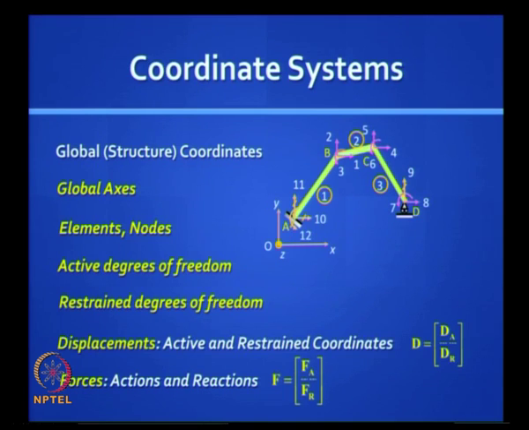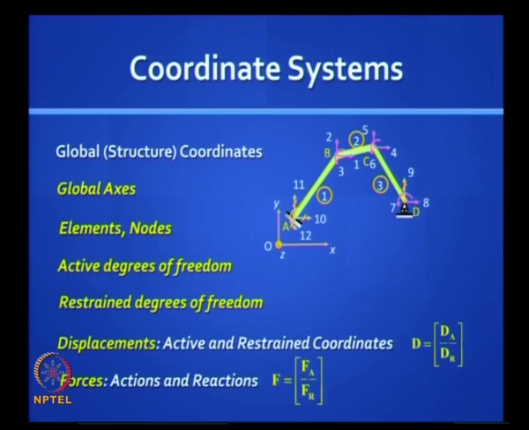So you can define a displacement vector dA and dR, which I can partition like that. I am putting all the restraints at the end of the list. The D vector, the displacement vector, has displacements at active degrees of freedom, active coordinate locations, and R stands for restrained coordinate locations.